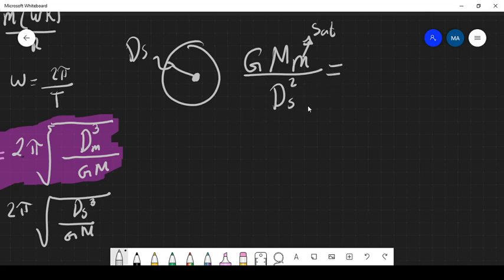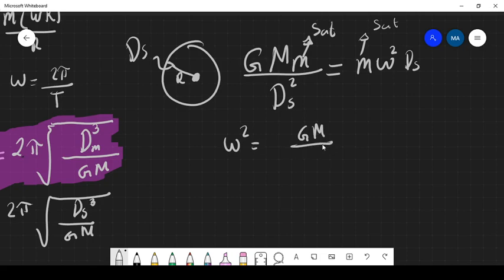So this force is the cause of the centripetal force, which is given by m of the satellite multiplied by omega of the satellite squared multiplied by r. Which is r now? It is the distance to the satellite. So we will have that omega squared is G big M divided by the distance to the satellite cubed, but omega is 2 pi divided by T, square root of G big M divided by ds cubed.